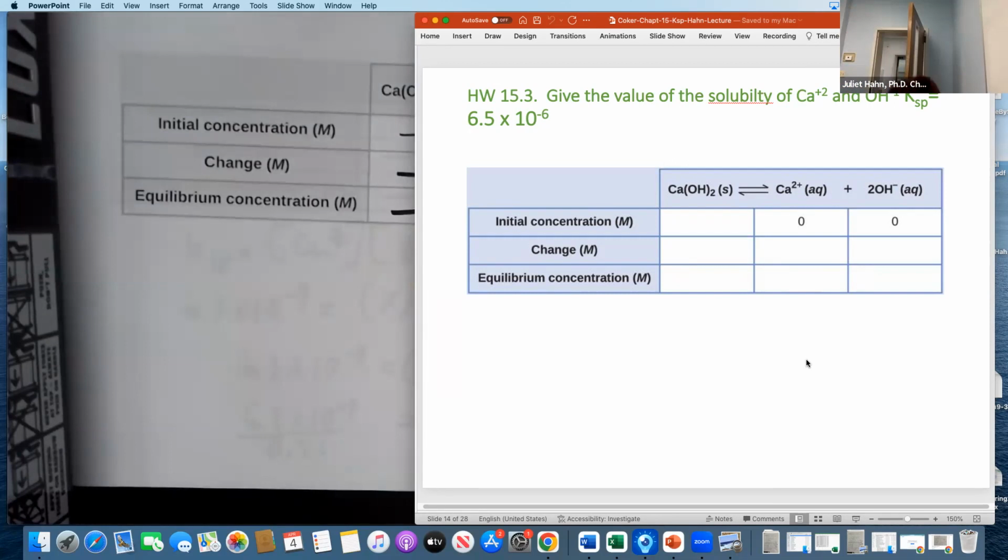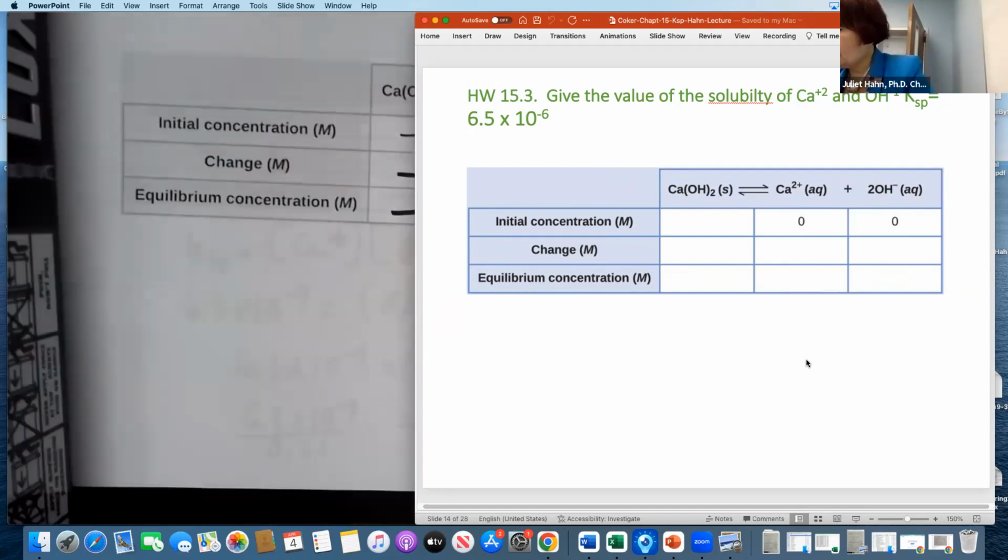I've given you zeros for both of those. This is not one of those where I gave you the amount of the hydroxide ion that you were adding in. So you're actually calculating it based on starting out with 0 and the dissociation of the calcium hydroxide.